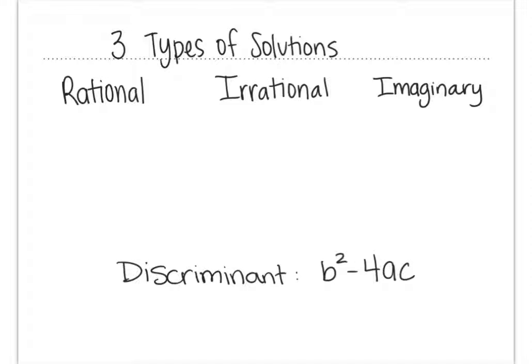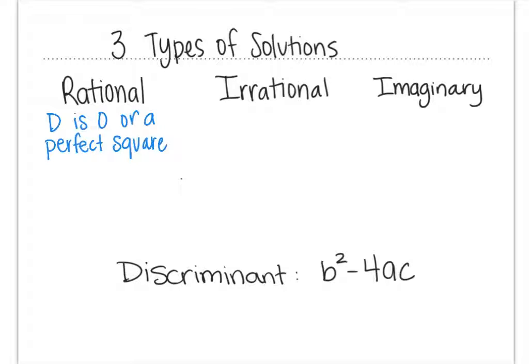If the discriminant is 0 or a perfect square, you will end up with rational solutions. The perfect squares are those values where you take the square root and you get an integer, such as 1, 4, 9, etc. If you're not sure if you have a perfect square for your discriminant, all you need to do is take the square root, and if you get an integer, then that was a perfect square.